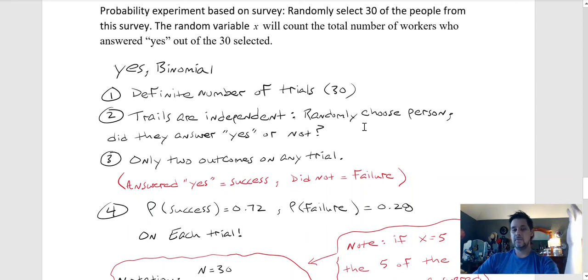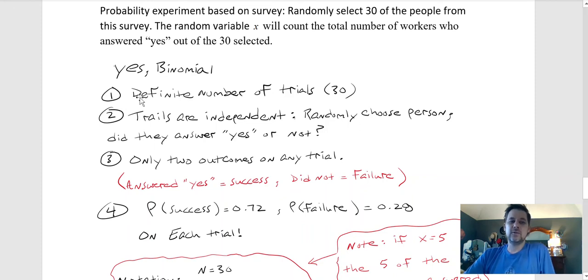You randomly choose this group of 30 people, and then you look at the first one. Did you answer yes or no? Did you answer yes or no? But how you record the answer for the first one has nothing to do with the answer for the second one. They've already answered. Their answers are established. You're just making a random selection.